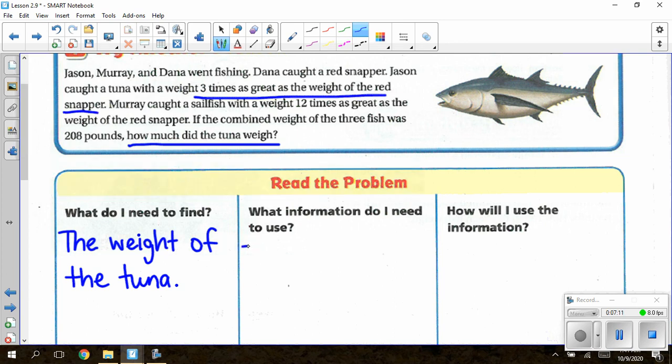So tuna is 3 times as great as the red snapper.